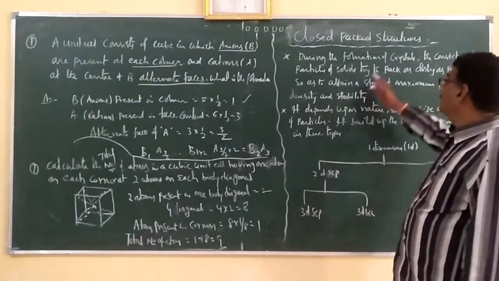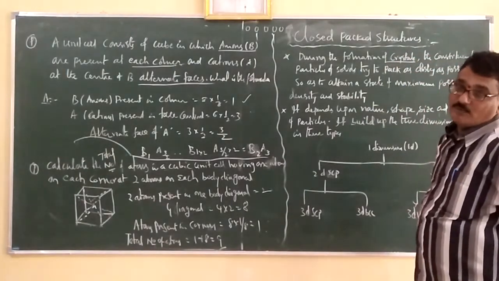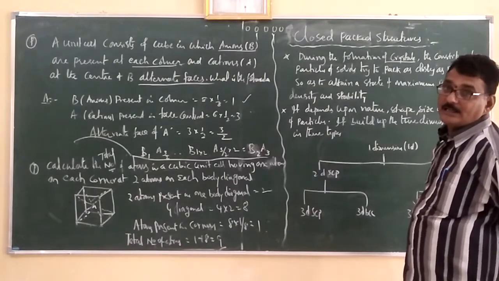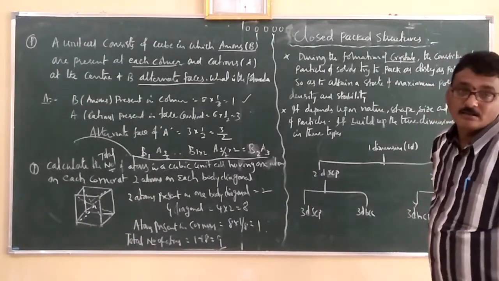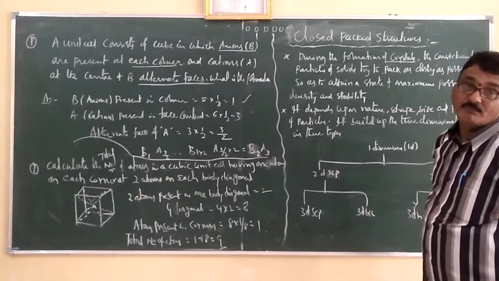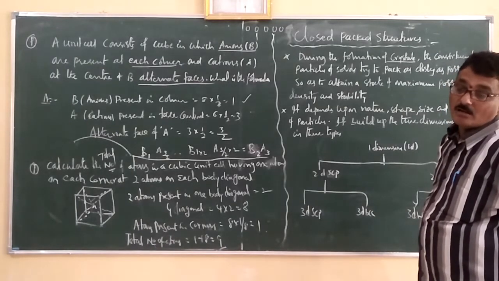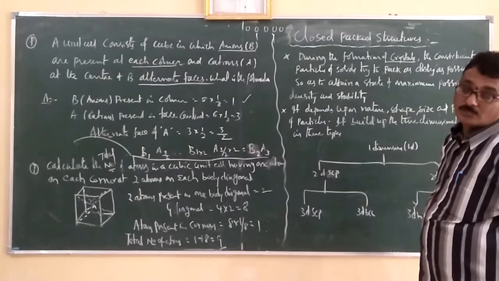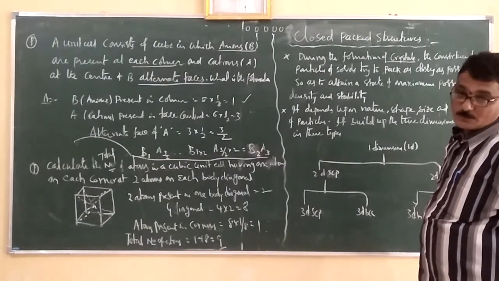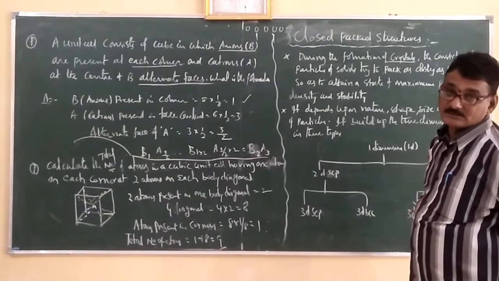During the formation of a crystal, the constituent particles are regularly arranged in order. That is called a crystalline solid, but not an amorphous solid. Amorphous solids have short range order, not long range order. The constituent particles do not arrange orderly, that is called amorphous.